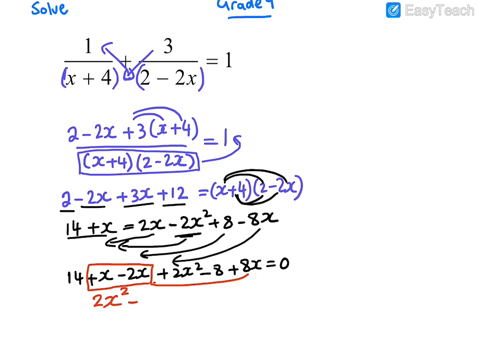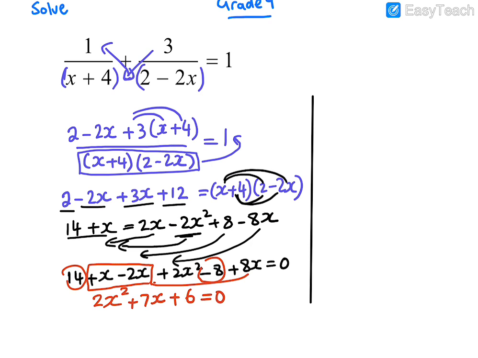So that's going to be plus 7x. And then we have 14 take away 8, that is plus 6, and that equals 0. So we have a quadratic equation to solve. I can't simplify this any further, so I am going to factorize.